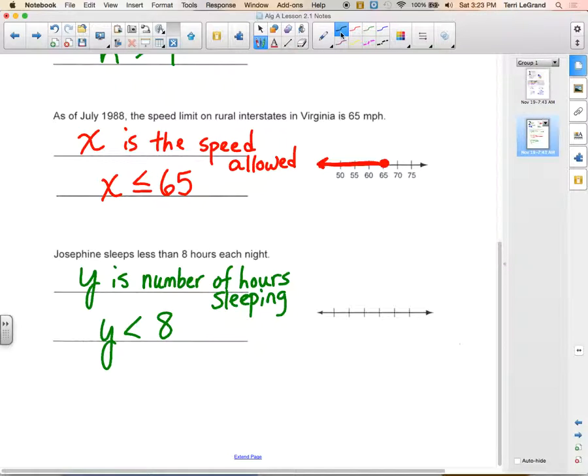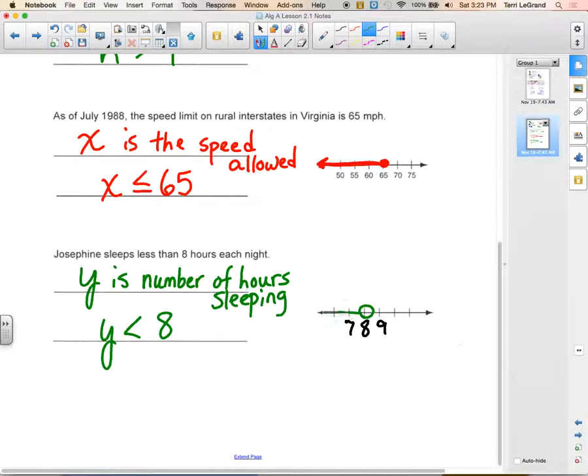Okay, this time the number line is started for us but not labeled yet. So we'll put an 8 under one of the tick marks. Put integer neighbors to the right and to the left. And then we'll show the number of hours Josephine sleeps by graphing now. So less than 8, can't have 8, don't want to shade that in.